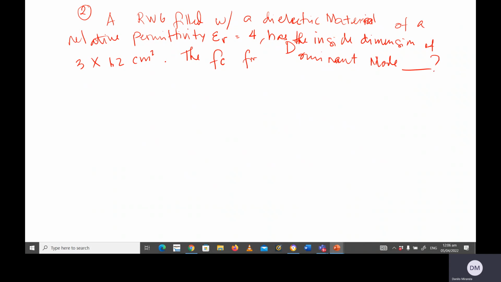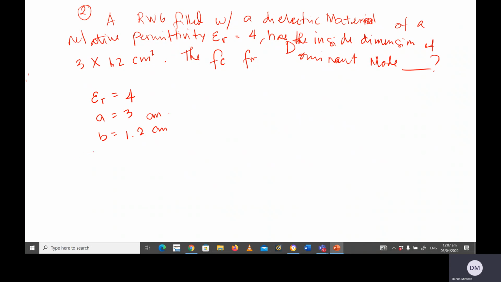And so given, this is the permittivity. This is 4. A is 3. Your B is 1.2 centimeter. Okay.